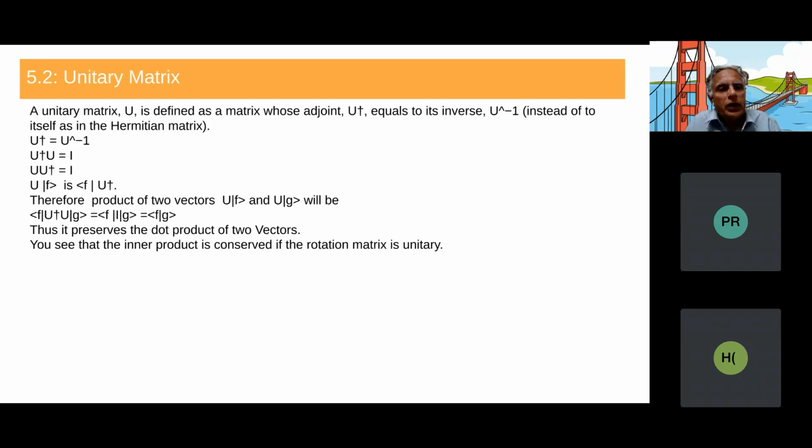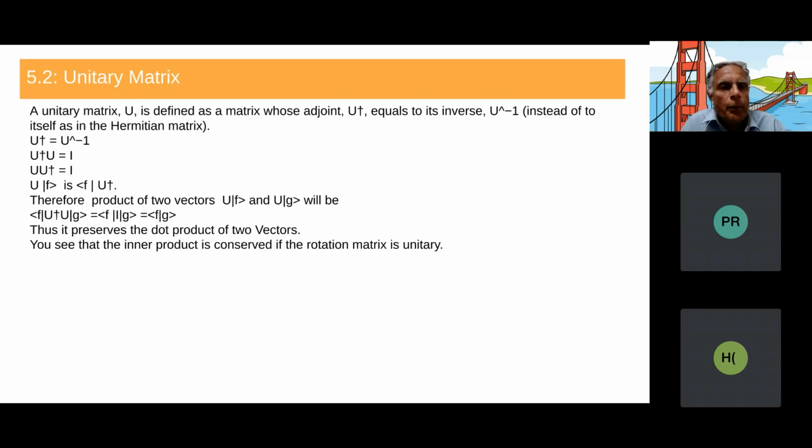If you have a matrix U and take U dagger, which is the complex conjugate transpose, and it is equal to U raised to the power of minus 1, that means it is the inverse. Alternately, U dagger multiplied by U is equal to the identity matrix.